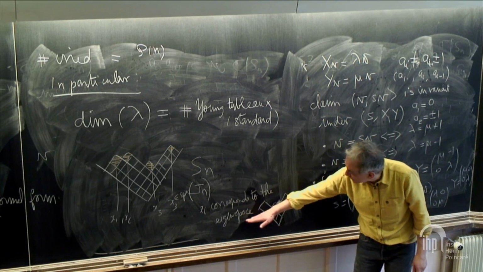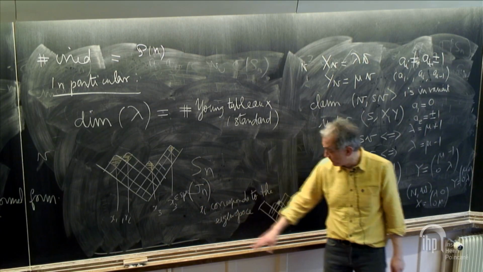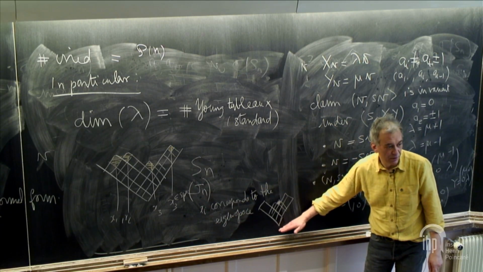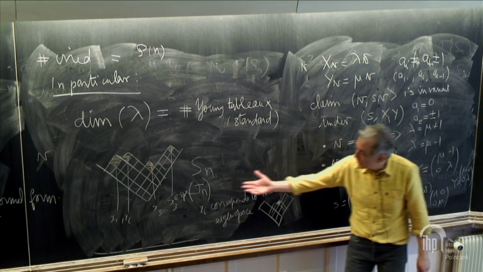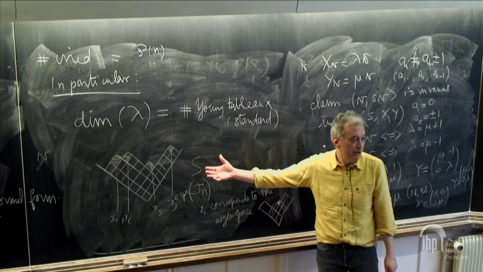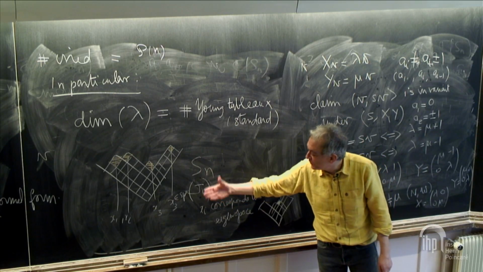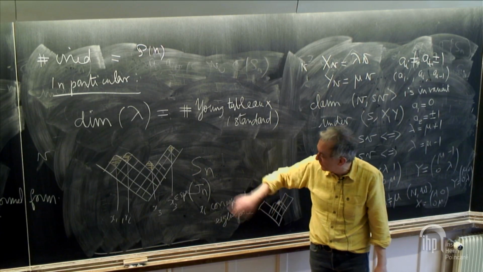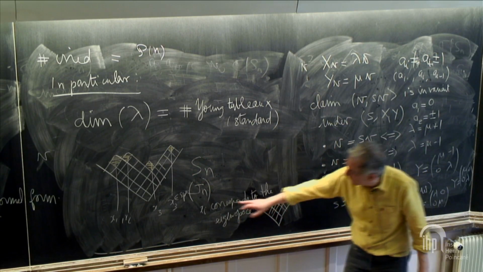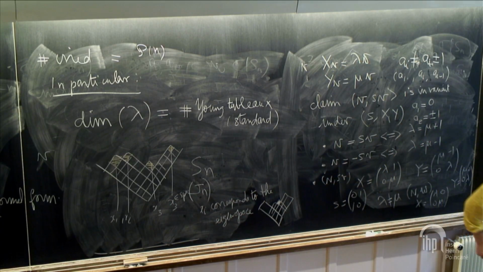What I claim is that the eigenspace of Jn corresponding to this eigenvalue is exactly this irreducible representation of Sn minus 1. Of course, Jn commutes with Sn minus 1. It generates, with the center of the group algebra of Sn minus 1, the commutant of Sn minus 1. So in particular, it gives different eigenvalues to all the irreducible representations that you obtain by restricting.